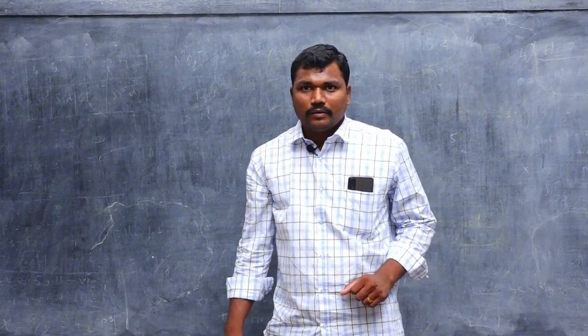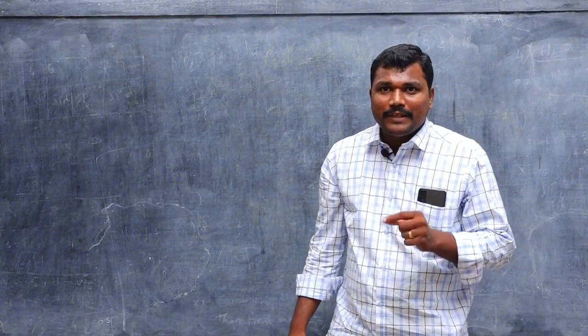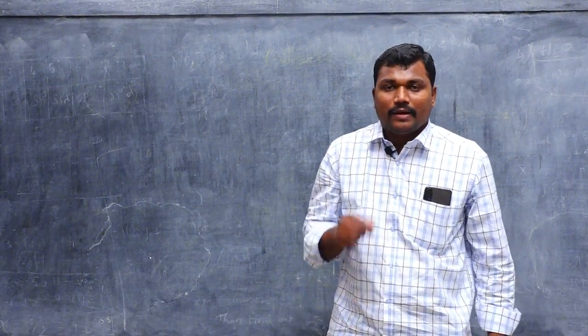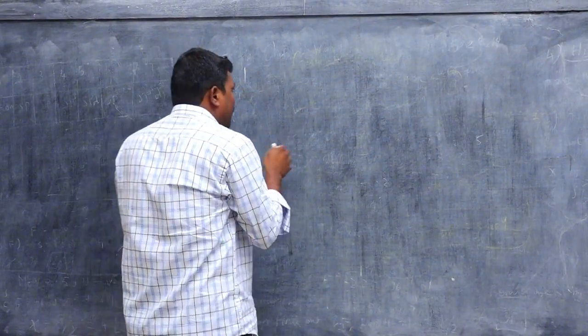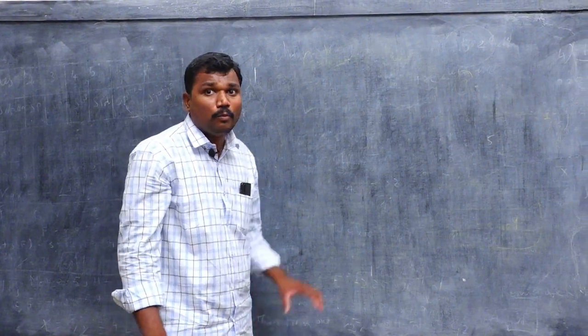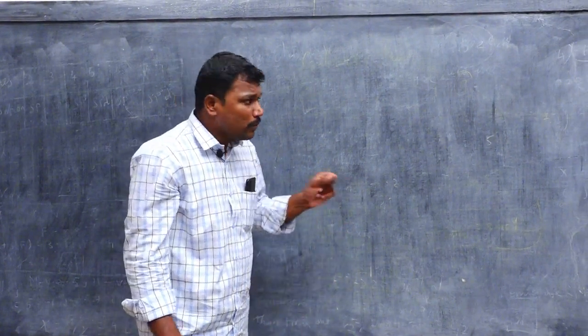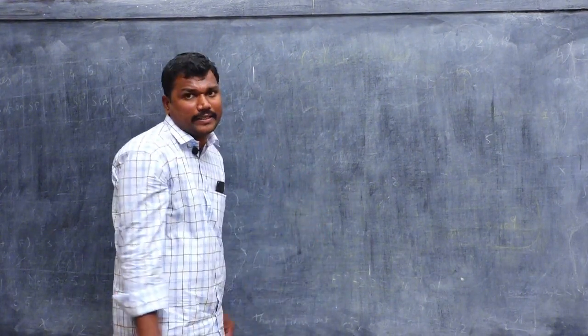How is Coulomb's law applicable here? It is applicable not only for two charges but also for more than two charges. For more than two charges, this is the superposition principle of charges.